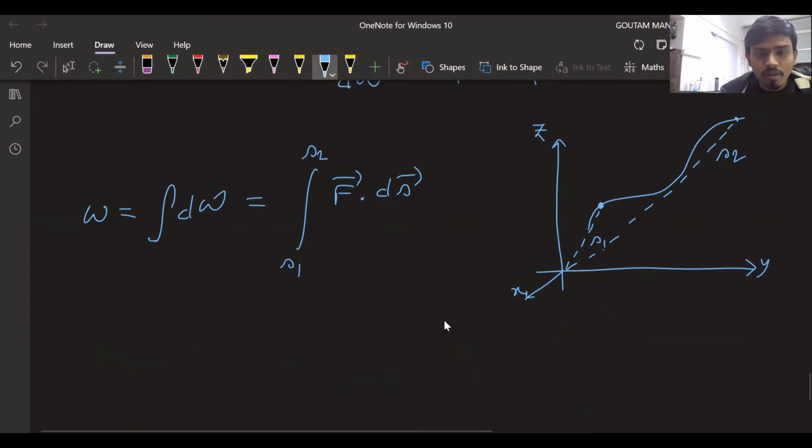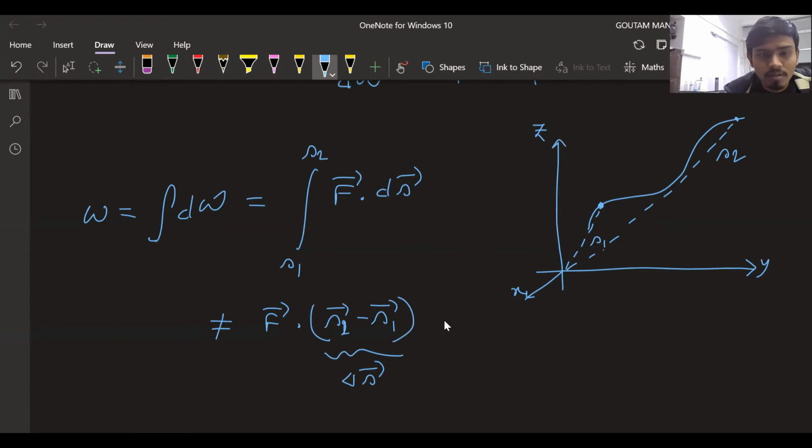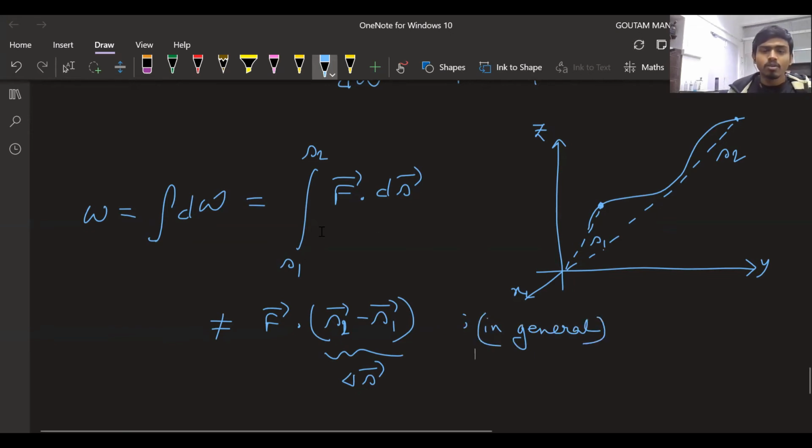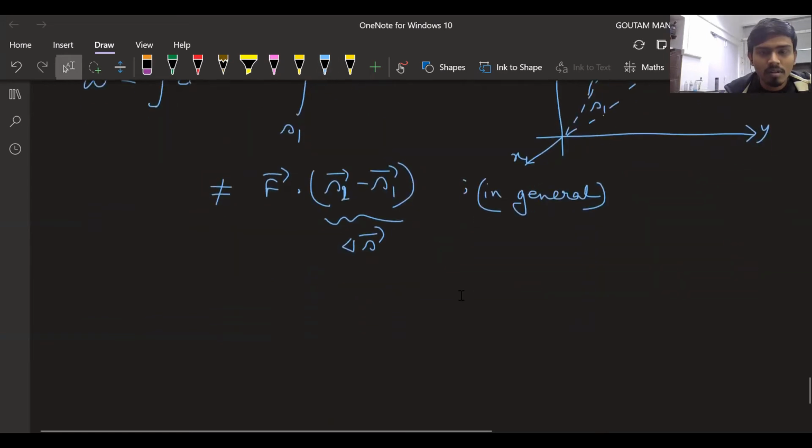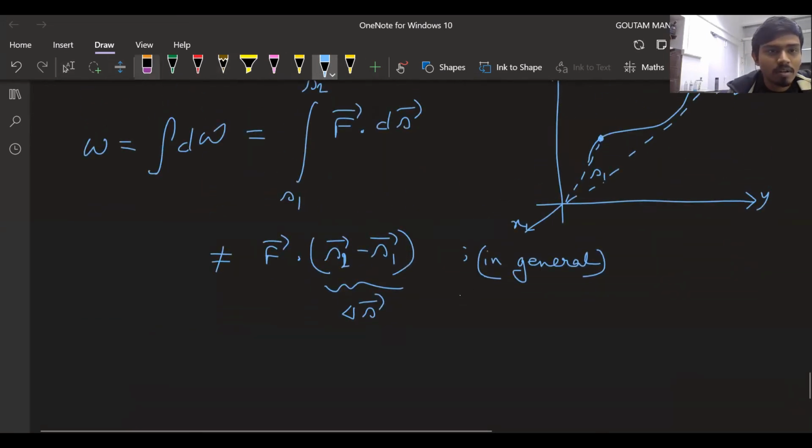In general, we cannot always write it as F dot (S2 minus S1), that is the net displacement, delta S. This is not true in general.